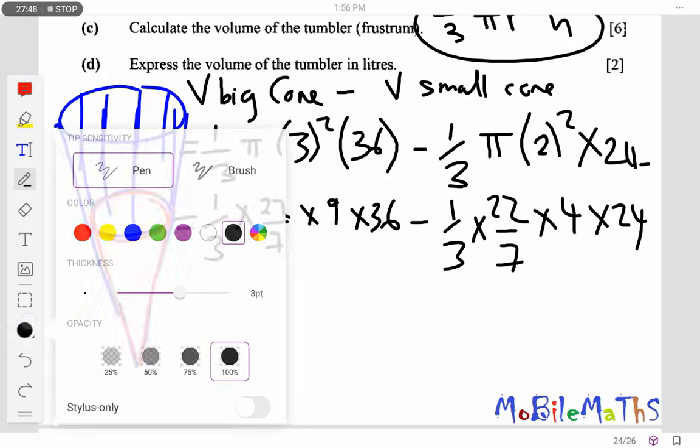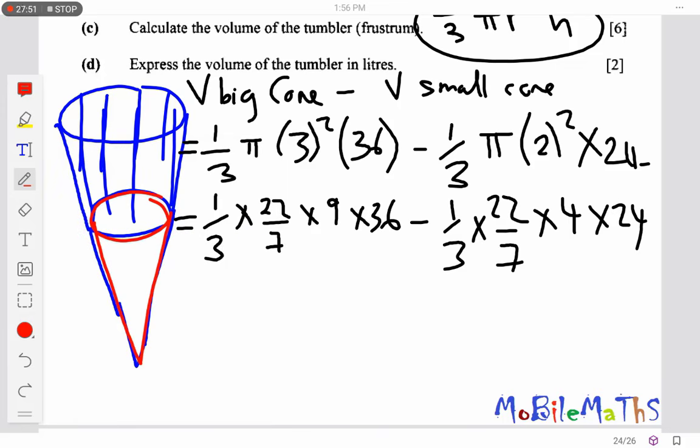Okay, so let's see the ones that I can divide together. 3 here can go there, 3. Okay, what else? 3 here can go into 24 here. I can have 3 into 24, that's what? That should be an 8 there. Okay, because 8 times 3, that's 24. So we have 8 there.